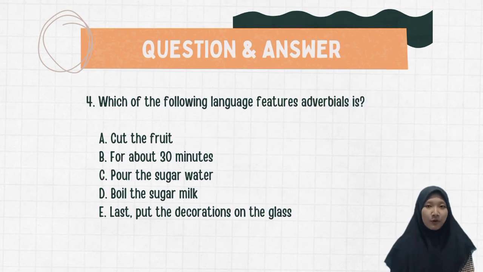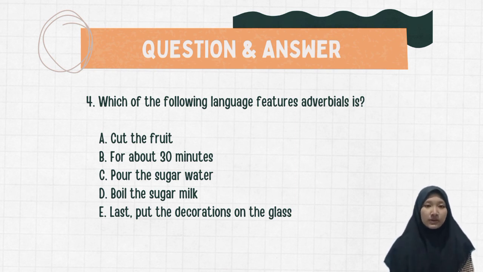The question number 4 is, which of the following language features is adverbials? Option A is the wrong option because cut the fruits is a command or imperative sentence. Option B is the right option because for about 30 minutes is an adverbial to express the detail of time. Option C is the wrong option because pour the sugar water is a command or imperative sentence.